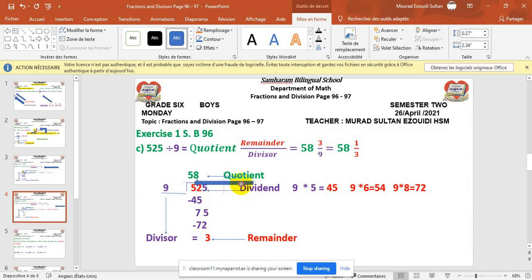So I will write here how many 9s are there in 45. We have 5 only. So I should write here 5. 5 by 9 is 45. I should subtract 45. Then this 5 you should write it here, no change.